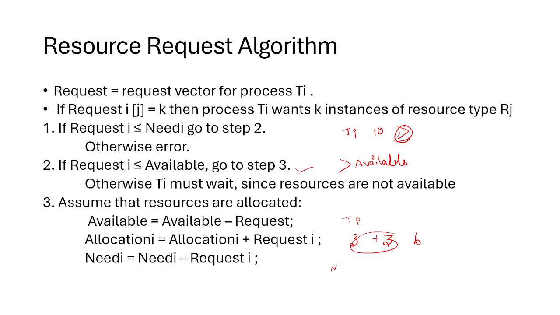The maximum need is 10, and 6 has already been allocated, so the remaining need is 4. That is, Need[i] equals Need[i] minus Request[i]. This is the resource request algorithm. If the resulting resource allocation state is safe, the transaction will be completed. Otherwise, it will be in a waiting state.